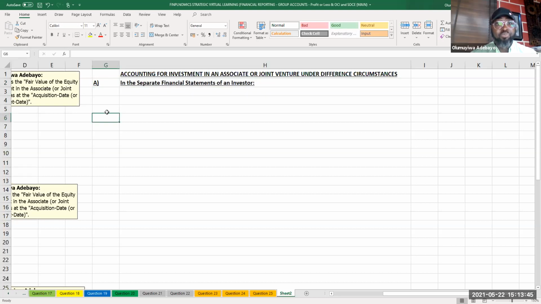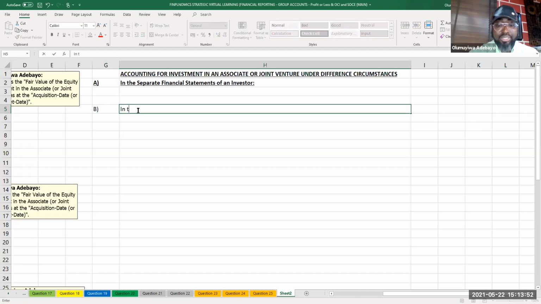B, in the consolidated financial statements of an investor.